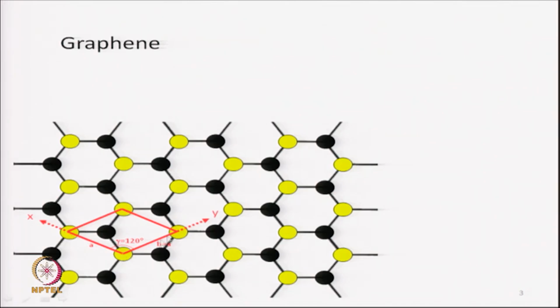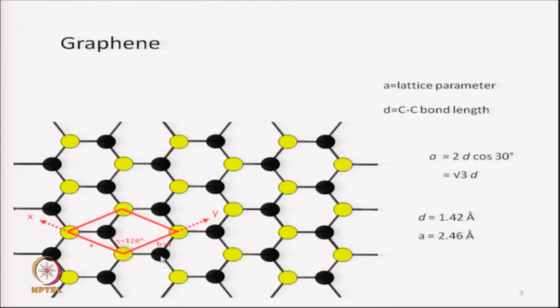So, A and B are equal, and by simple geometry which we showed in the last video also, you can relate the lattice parameter A to the carbon bond length, which we are calling D. So, the relationship between A and D can be easily found, which is A, the lattice parameter, is root 3 times the carbon bond length.